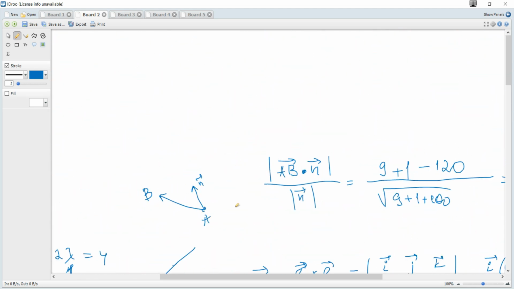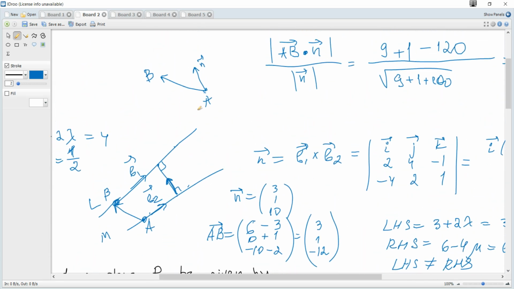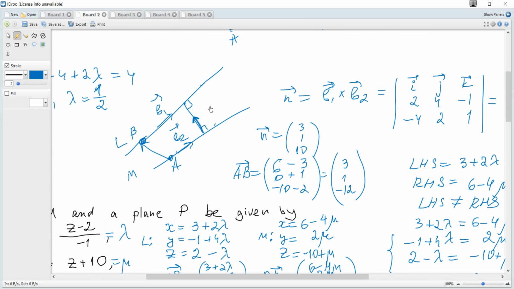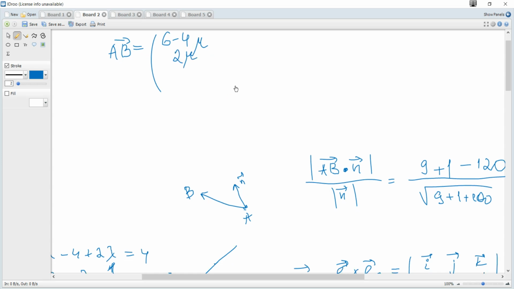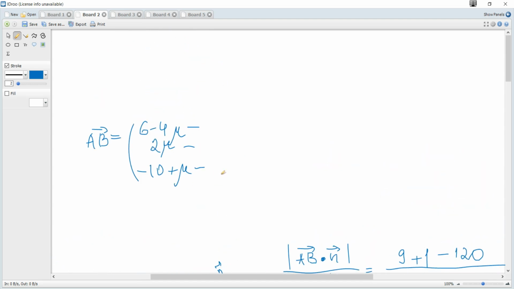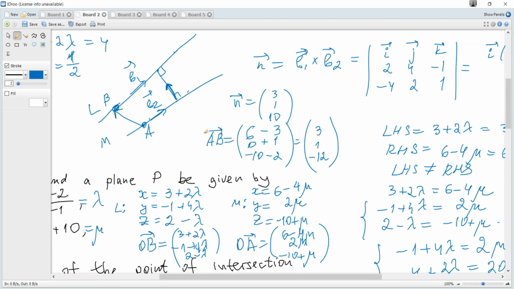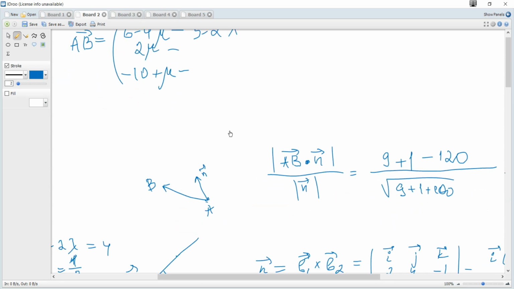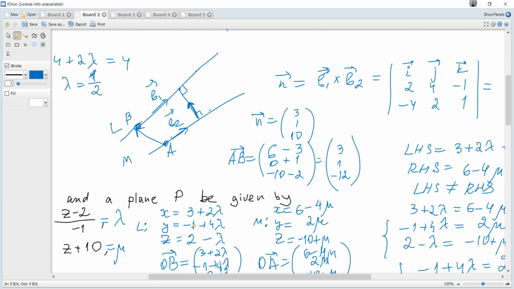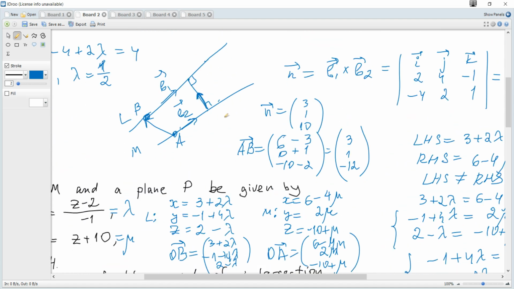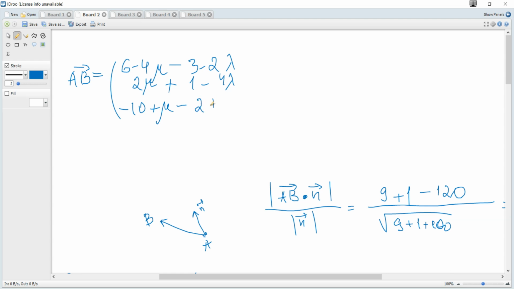Hence this vector AB becomes just the difference: 6 minus 4 mu minus 3 minus 2 lambda, 2 mu plus 1 minus 4 lambda, and -10 plus mu minus 2 plus lambda.